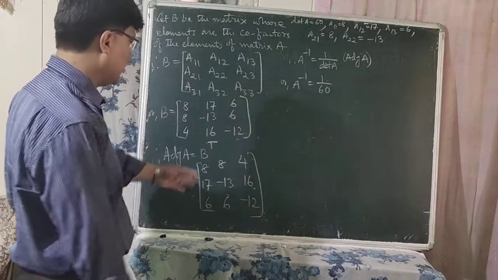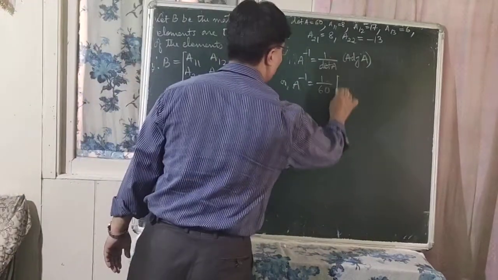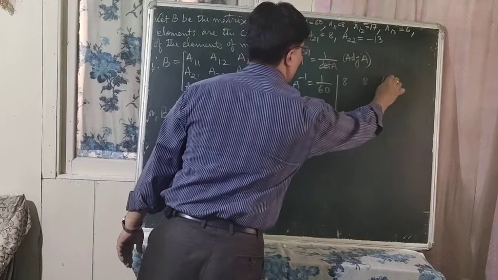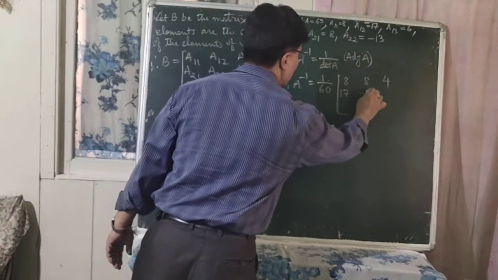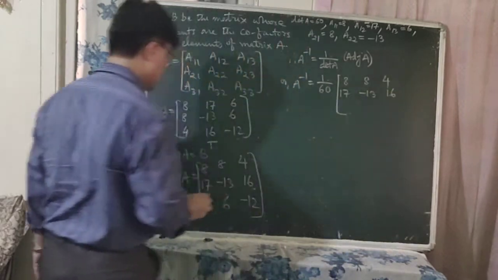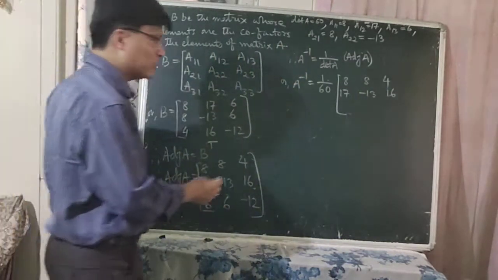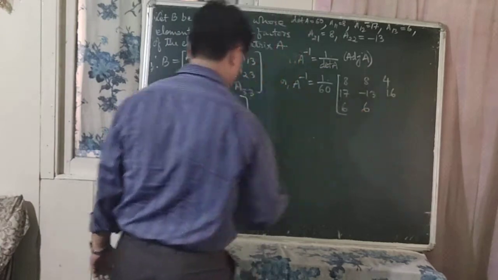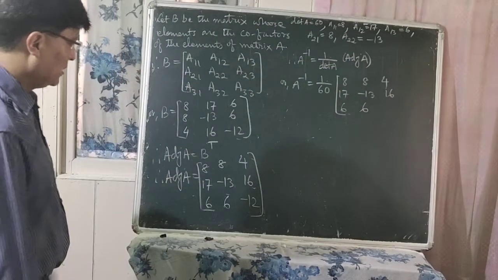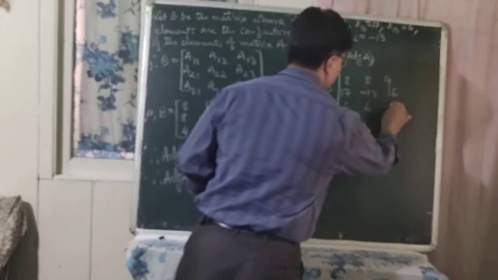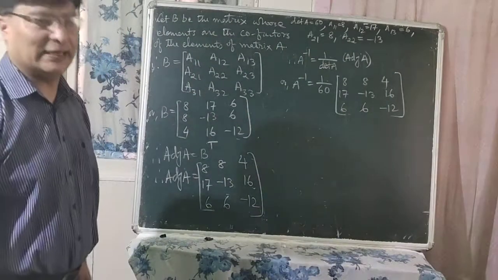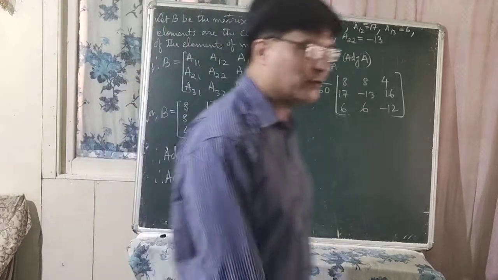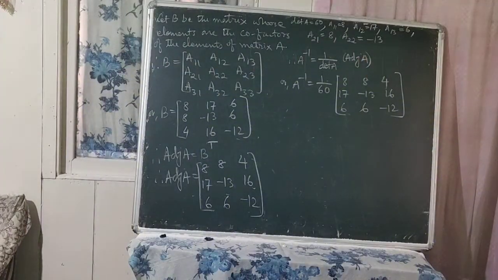And what is the adjoint of A? Let us copy it. 8, 8, 4. Next, 17, minus 13, 16. Then 6, 6, minus 12. Is that clear to all of you? So this is your A inverse. You can copy it.